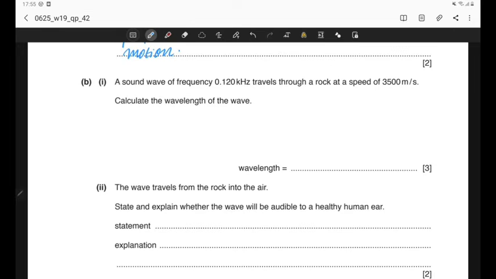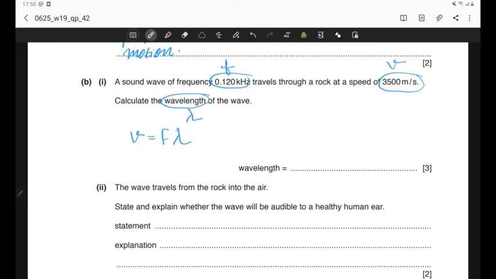A sound wave of frequency 0.120 kHz travels through a rock at a speed of 3500 meters per second. Calculate the wavelength of the wave. So we need to calculate wavelength lambda, frequency and speed are given. So here we can use the wave equation, that is speed of a wave is the product of frequency and wavelength.